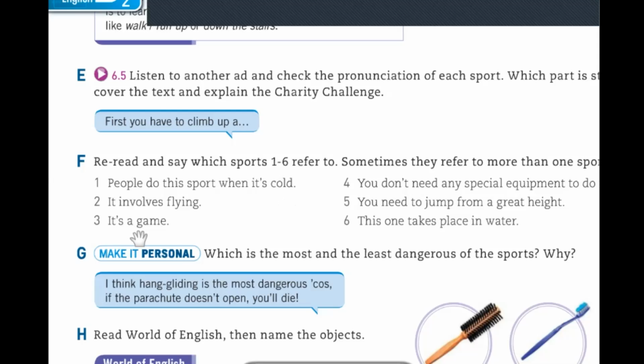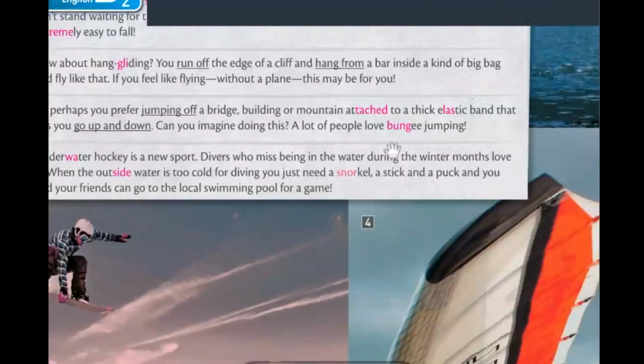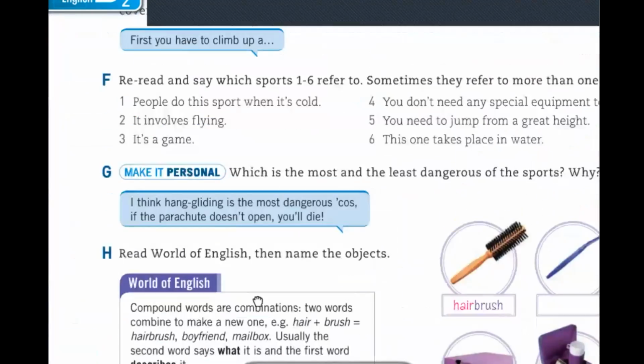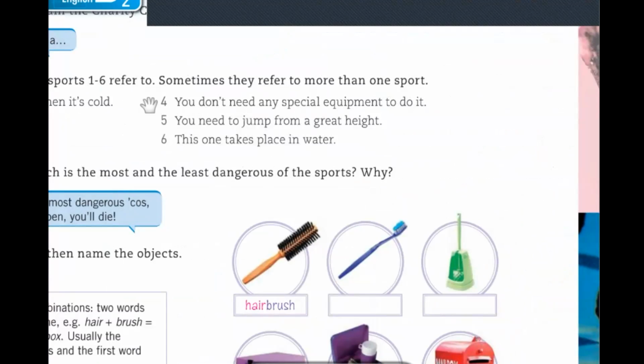Which one is a game? Underwater hockey. Underwater hockey, yeah. Number 4, you don't need any special equipment to do it.